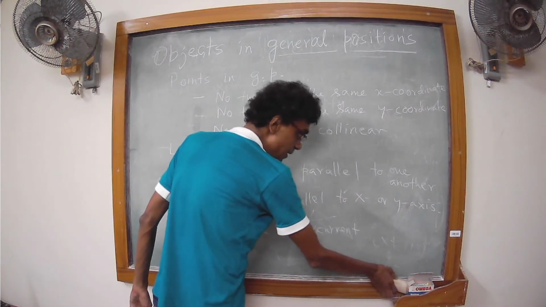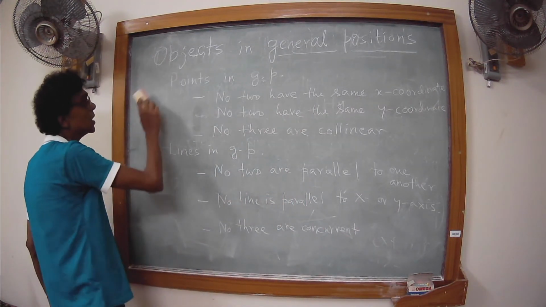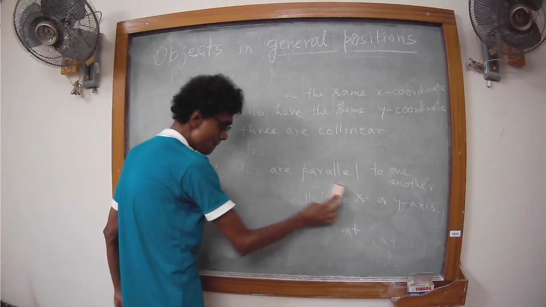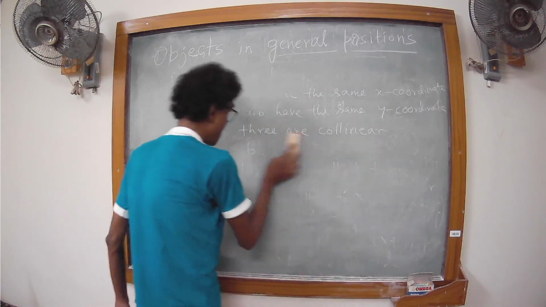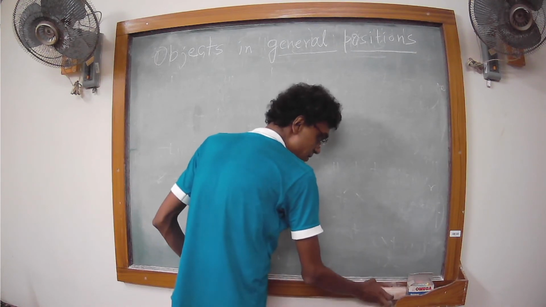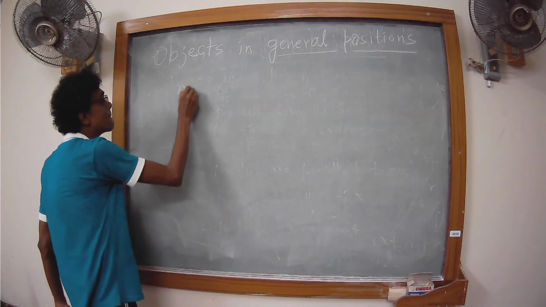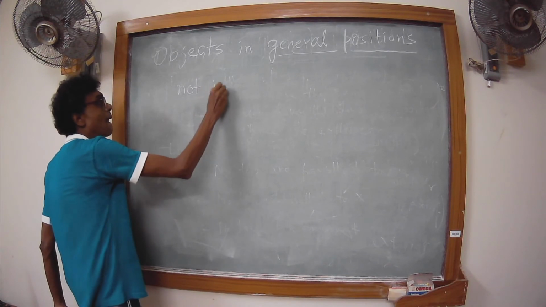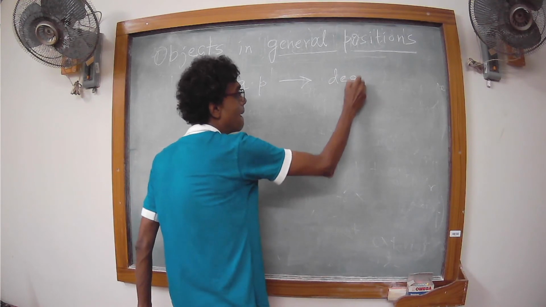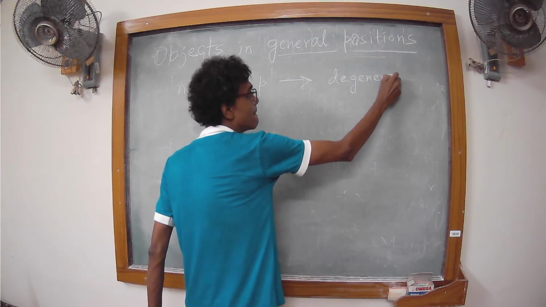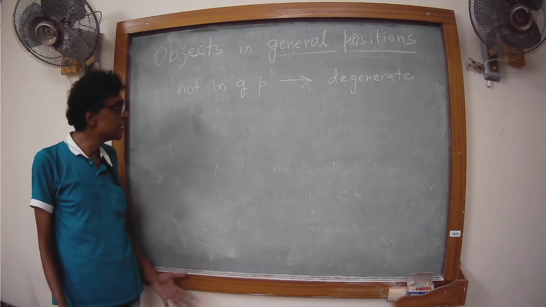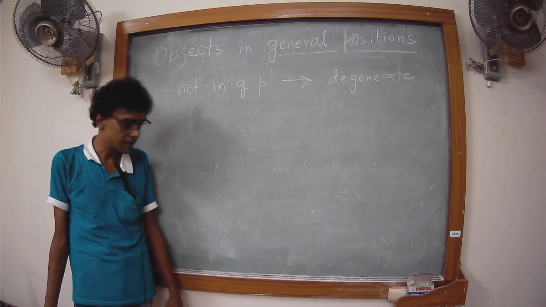And then there is another term. If the objects are not in general position, they are called degenerate. If the points are not in general position, they are called degenerate.